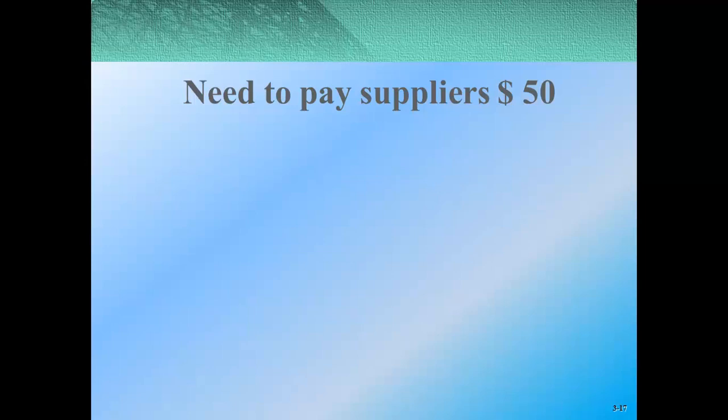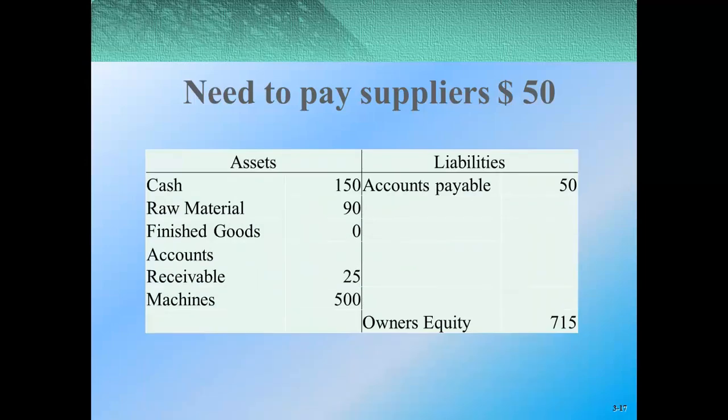Now let's go back to the original situation in which we haven't sold our finished goods yet, and we pay suppliers $50 from our cash. So our cash goes down from 200 to 150. Our accounts receivable, so we have sold it, but we haven't got paid from them. So our finished goods is 0. Cash has gone down to 150, and accounts payable has gone down to 50.